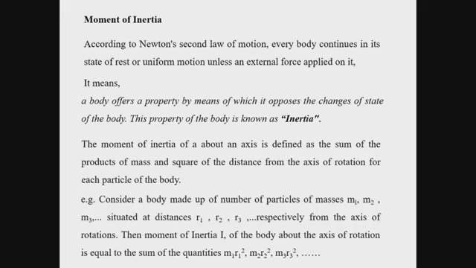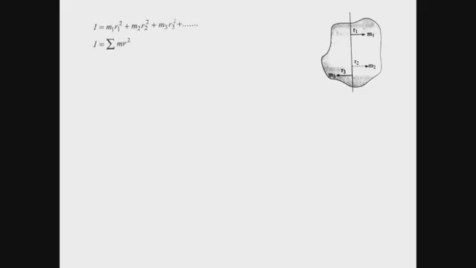Then the moment of inertia I of the body about the axis of rotation is equal to the sum of the quantities m1 r1 square, m2 r2 square and so on. Then I is equal to m1 r1 square plus m2 r2 square plus m3 r3 square plus and so on, which is nothing but I is equal to summation of m r square.